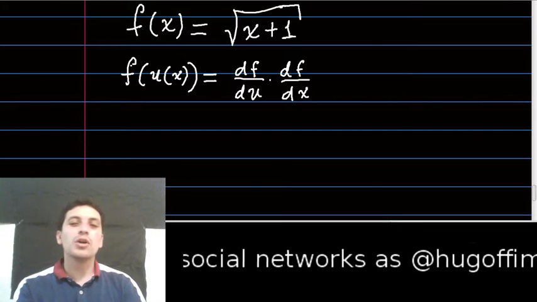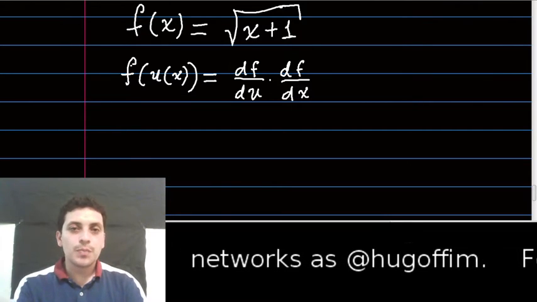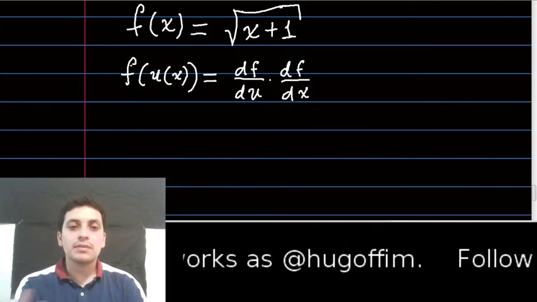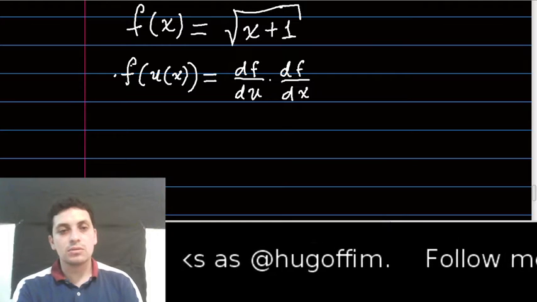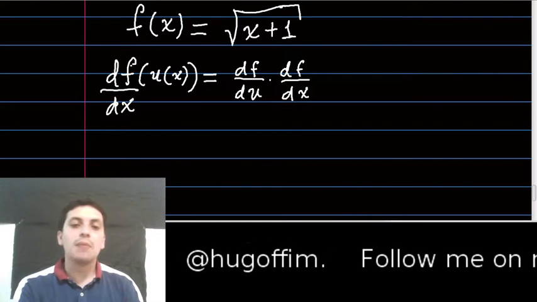Okay, so what we're going to do is to determine what is u and how u is going to help us to get the derivative df/dx, when f is a composite function.